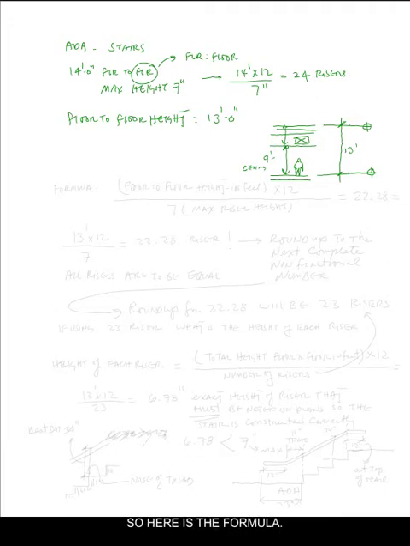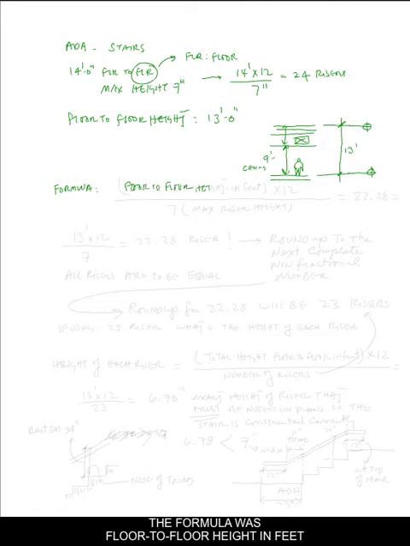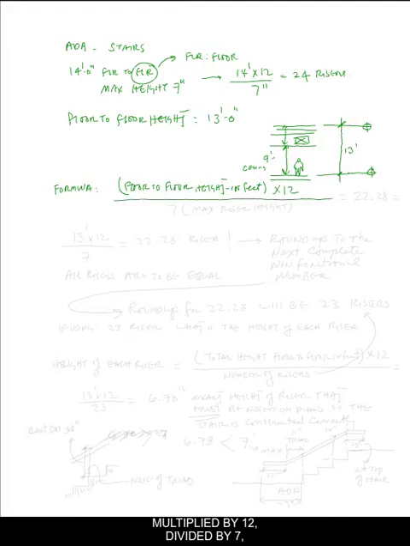So here is the formula. Remember the formula from lecture 3. The formula was floor to floor height in feet multiplied by 12 divided by 7, which is the maximum riser height.